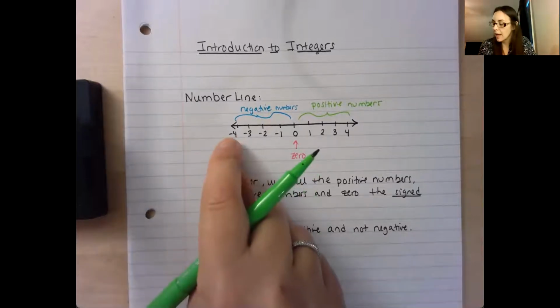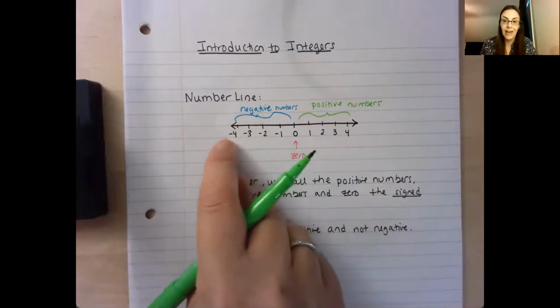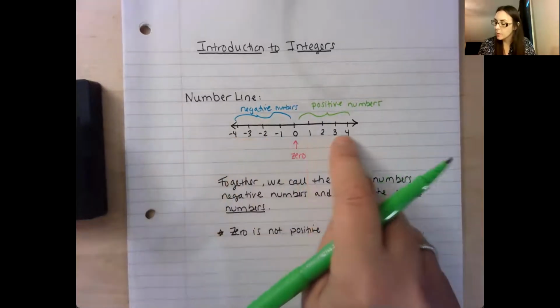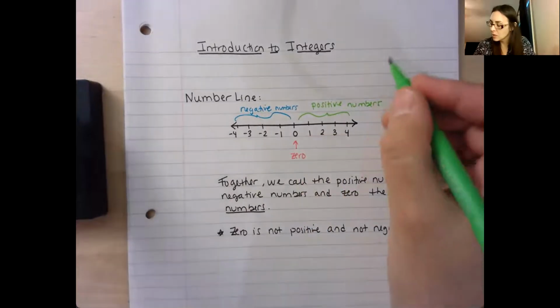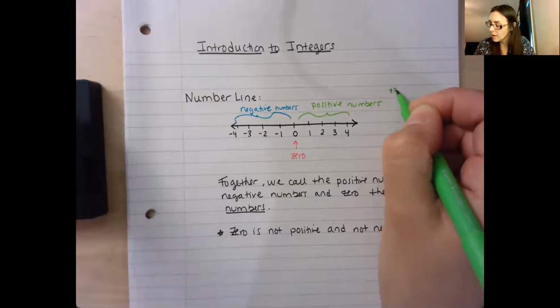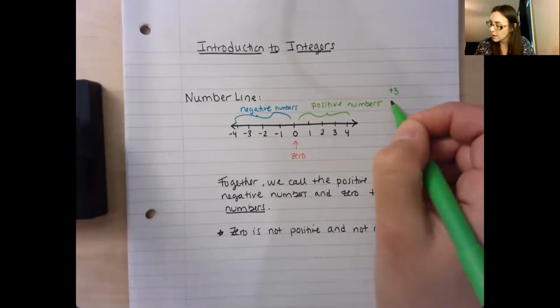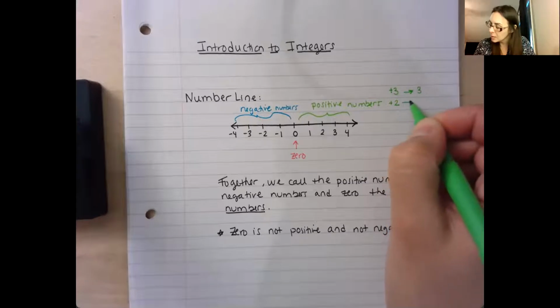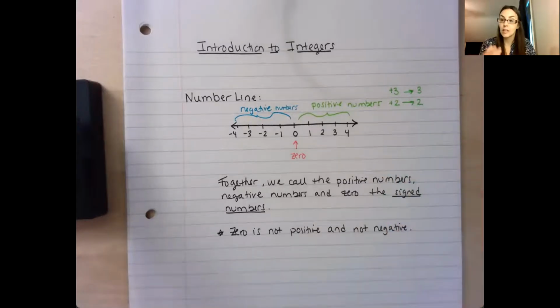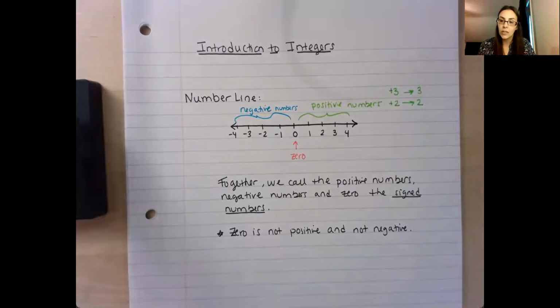So you will notice with your negative numbers, you do have a sign in front. You have that negative sign. For your positive numbers, we don't typically put anything in. You technically could. So sometimes you'll see things written like +3 for 3, or maybe +2 for 2. But like I noted, again, we don't typically write the sign in, so you'll just see it as 3 or 2. And if there's no sign, you should note that it is a positive number in that case.